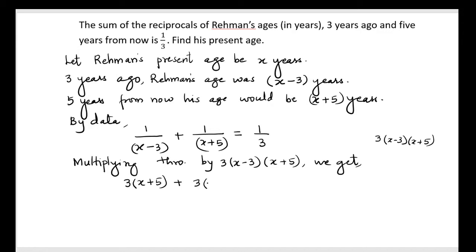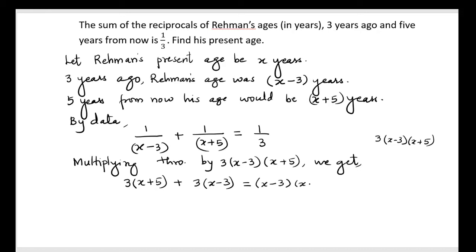So you will get 3 into x minus 3, which will be equal to, this RHS is only having 3 in the denominator. So as it gets cancelled with this 3, you will only be left with x minus 3 into x plus 5.